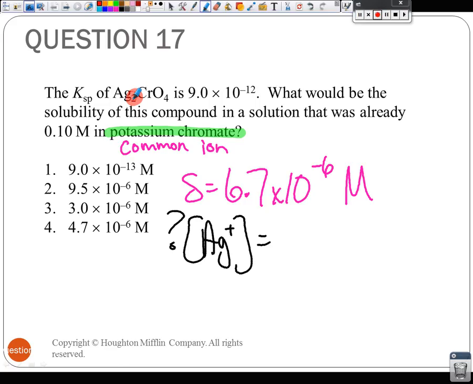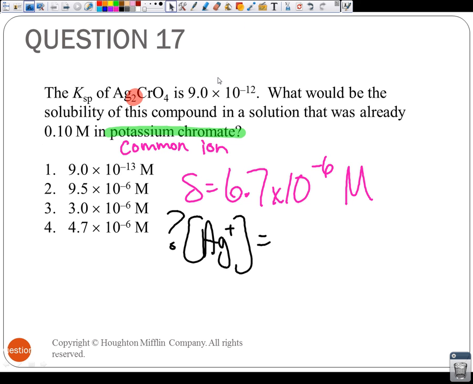So take this concentration and double it to whatever that would be. Sounds right. Okay. What would the concentration of the chromate ion be? It would be equivalent to S, right? Because it's got a coefficient or an exponent of 1. Okay. All right.